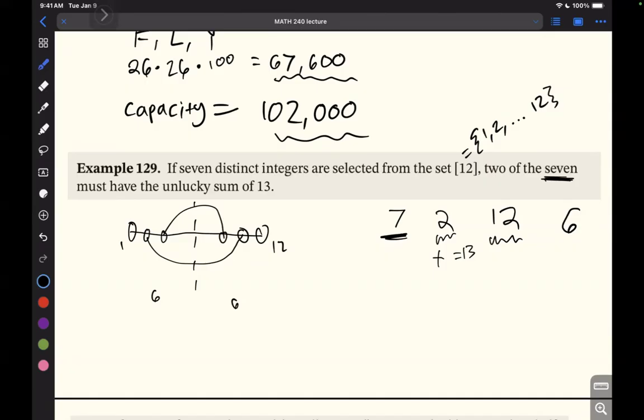And then 6 is half of 12. So the question here is, what are the pigeons and what are the pigeonholes?